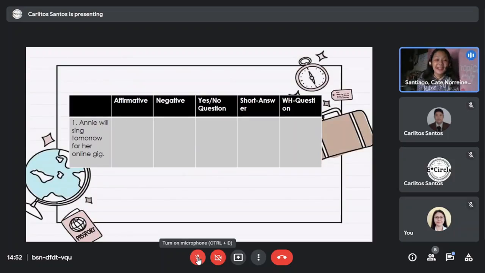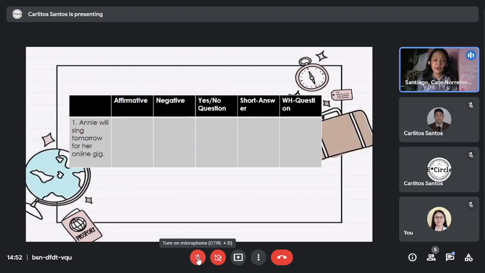You are going to turn this sentence into affirmative form, negative form, yes/no question, short answer, WH question.